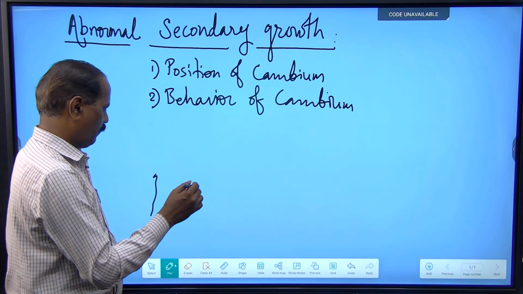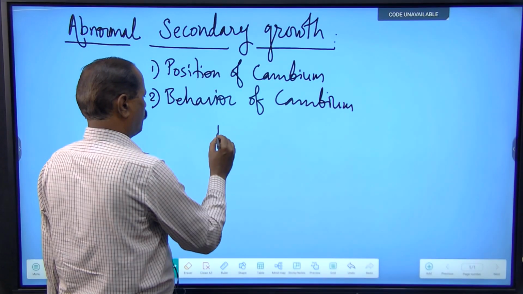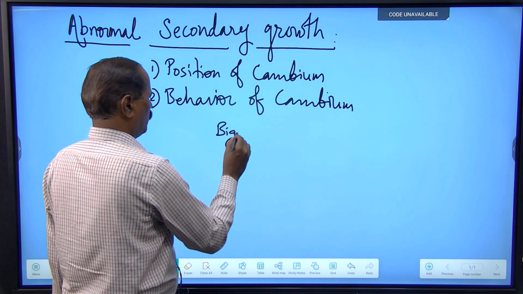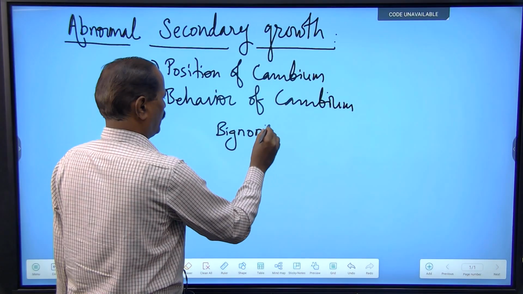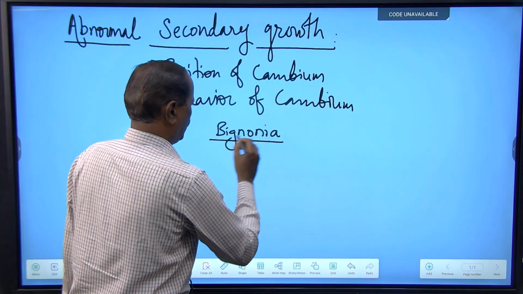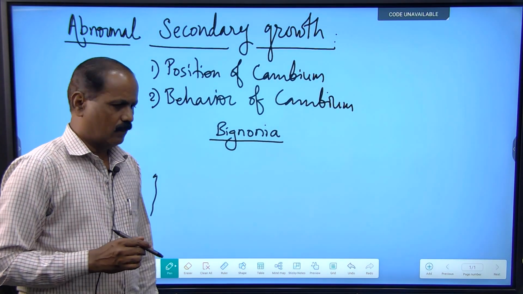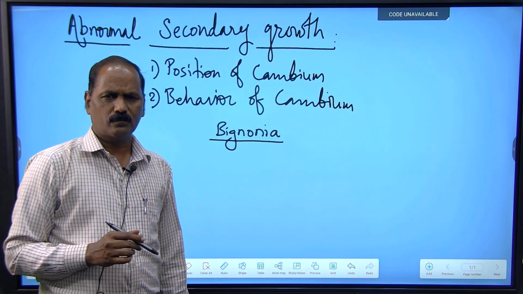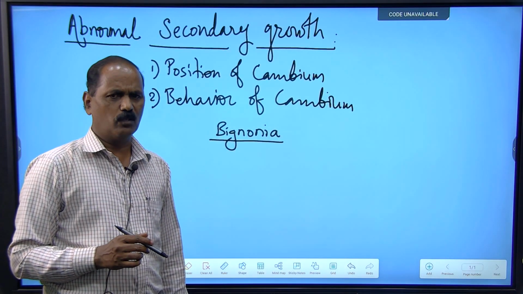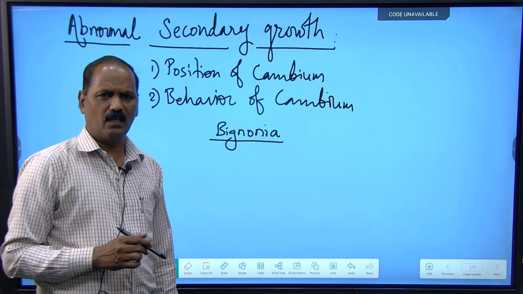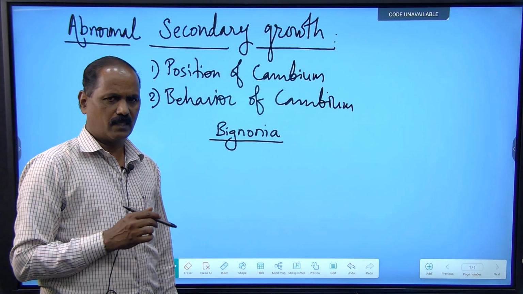And we have an example of a well-known plant, Begonia. It is a climbing shrub where we can notice abnormal secondary growth in the stem.